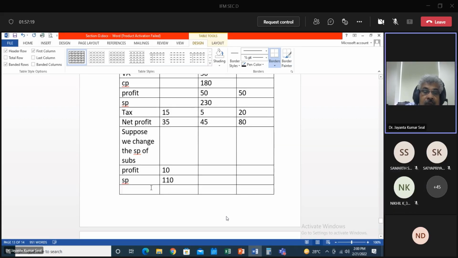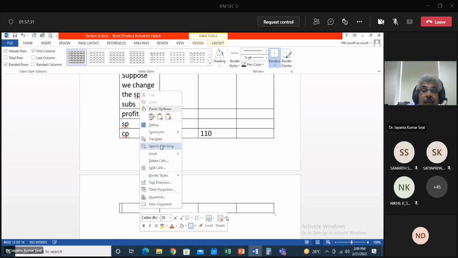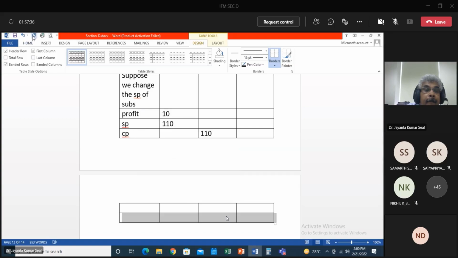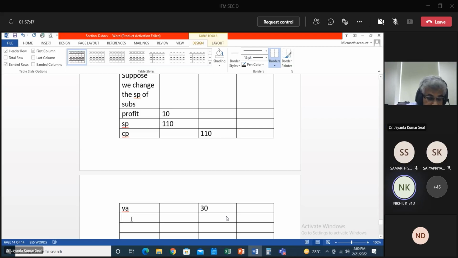Okay? So cost price of this is 110. Value addition, same 30. Cost price here 140.